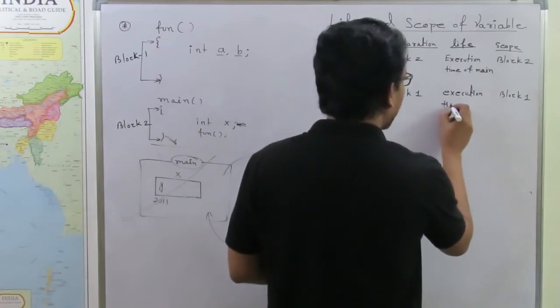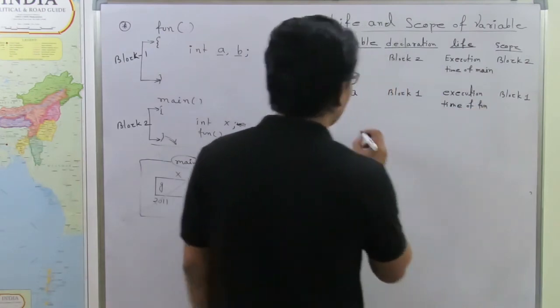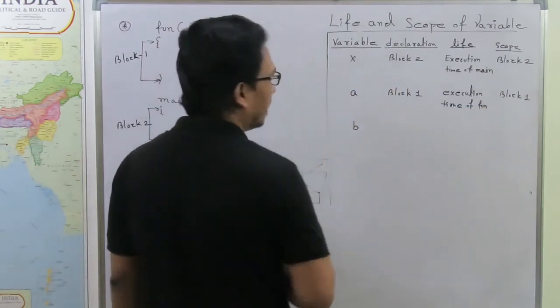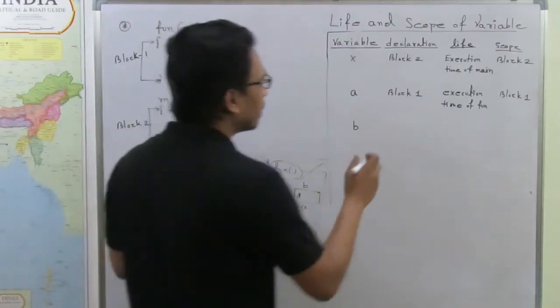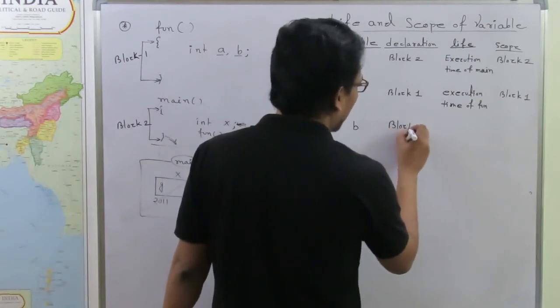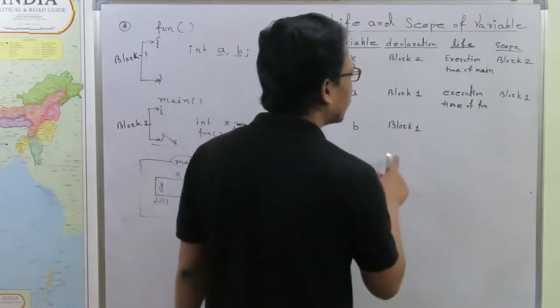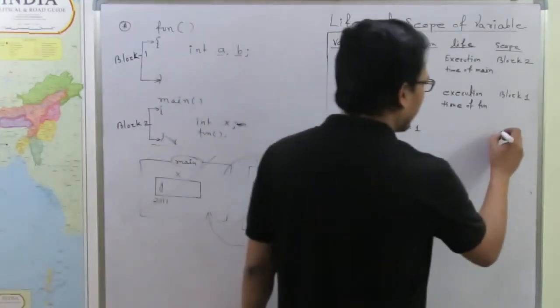Execution time of fun. Now variable b. Again variable b is declared within the fun function. That means declaration is in block 1. As it is declared inside block 1, the scope is also block 1.